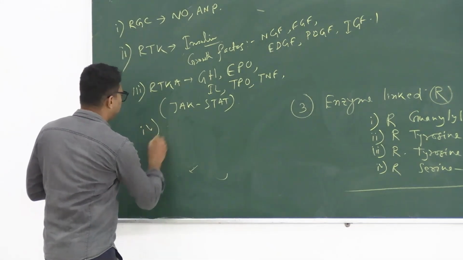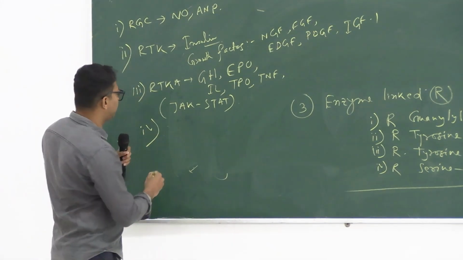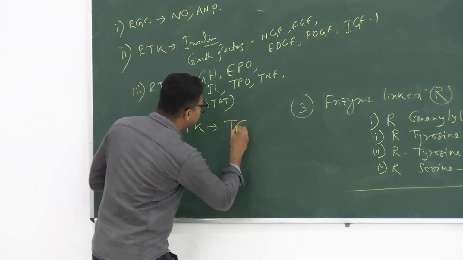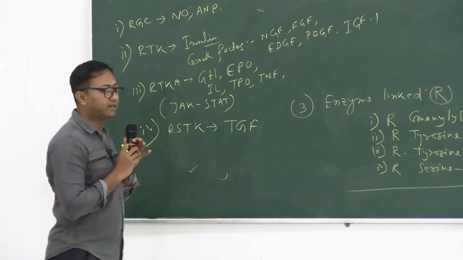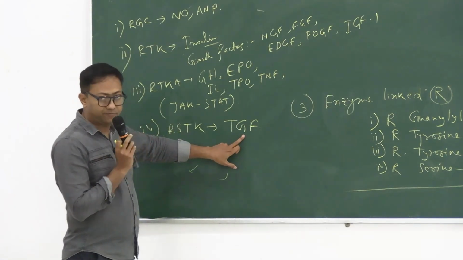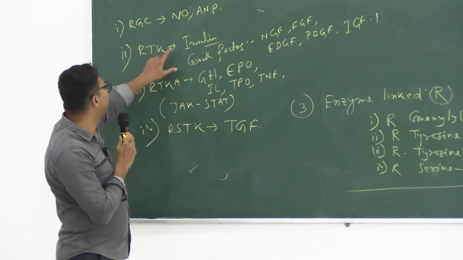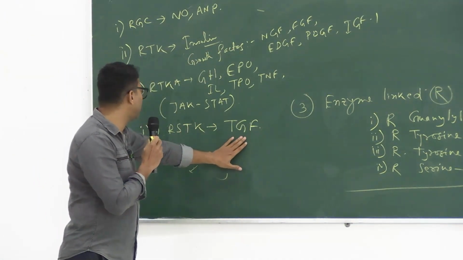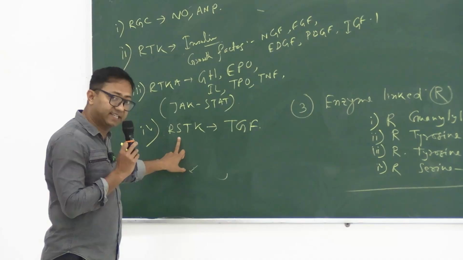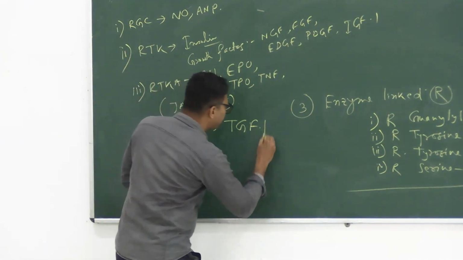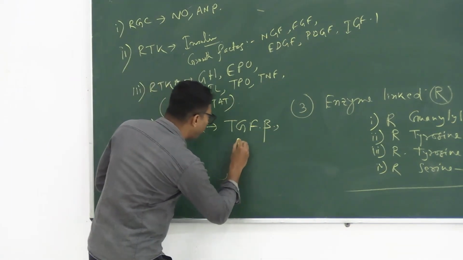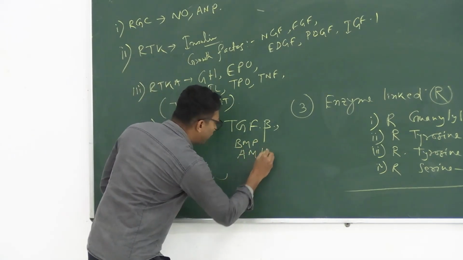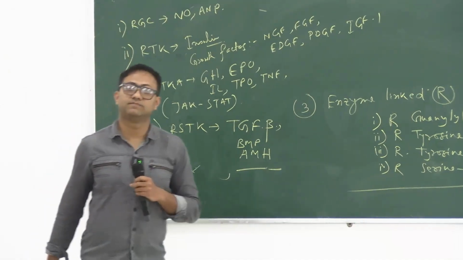And now finally, I am just explaining the classification. Receptor serine threonine kinase. Example is TGF beta, transforming growth factor beta. So remember, only TGF will be excluded from RTK. All the growth factors are under RTK, but transforming growth factor is under receptor serine threonine kinase. Also bone morphogenic protein BMP, and AMH or anti-Mullerian hormone.